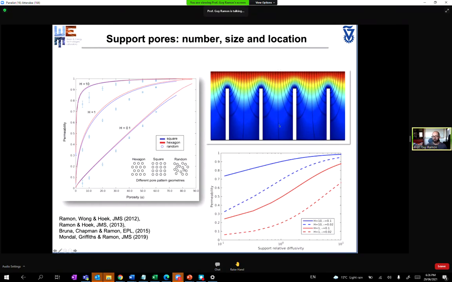The second thing is, if you can make a support that isn't completely impermeable to the solute or the water, then you can really improve the membrane. And when you think about early phase inversion cellulose acetate RO membranes, they were like that because the dense film and the support were the same material.